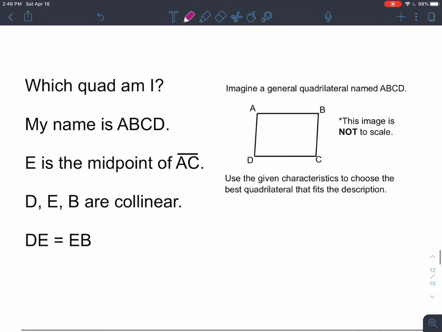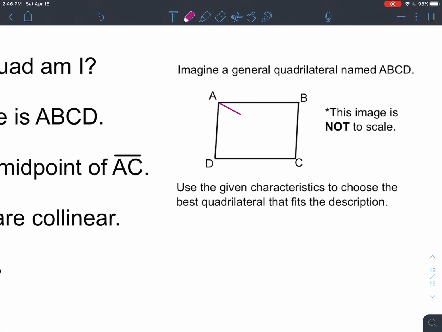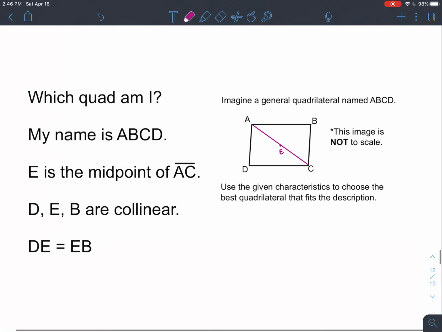All right, we have ABCD. E is the midpoint of AC. And D, E, and B are collinear. And DE is equal to EB.